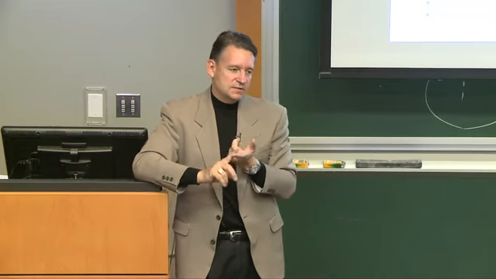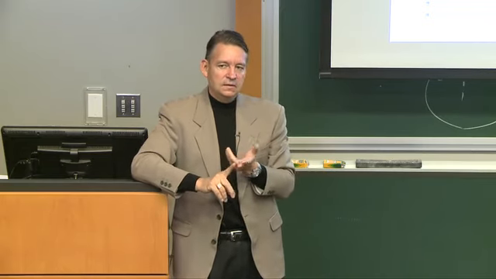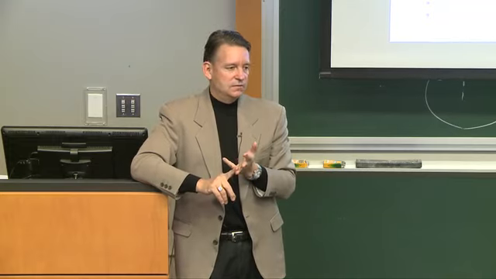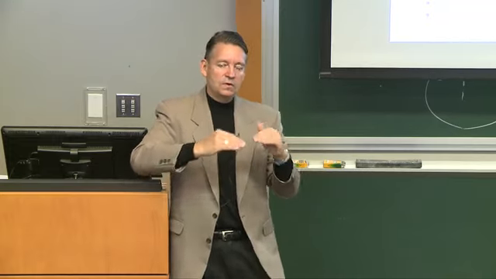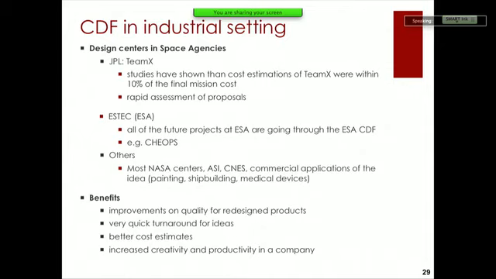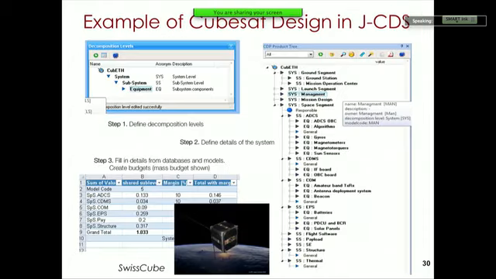So it's these two reasons: there's experience, there's data, and non-advocacy, really taking a neutral, unbiased position. So the benefits are improvements of quality, quick turnaround for ideas, better cost estimates, and then increased creativity and productivity in a company. Let me give you a couple of examples here.